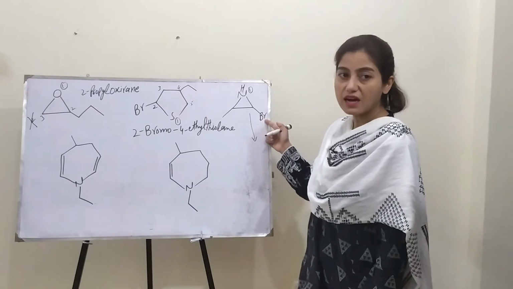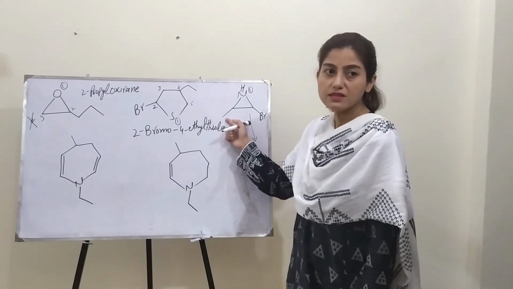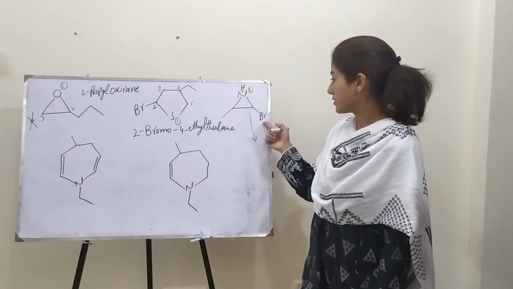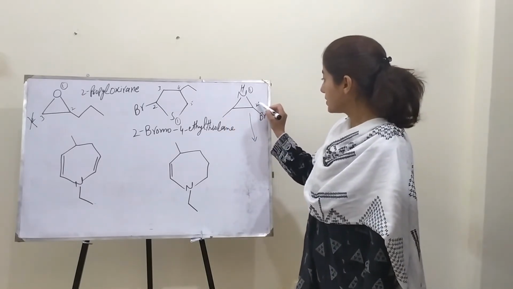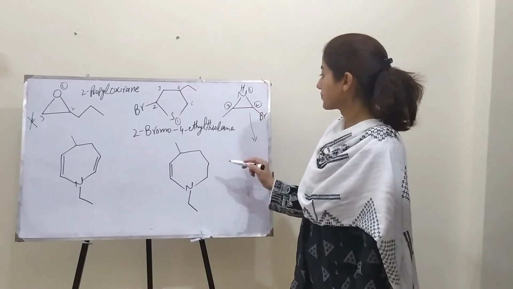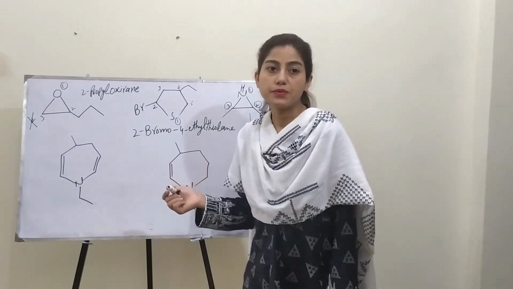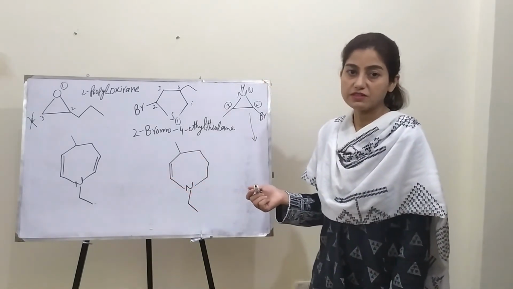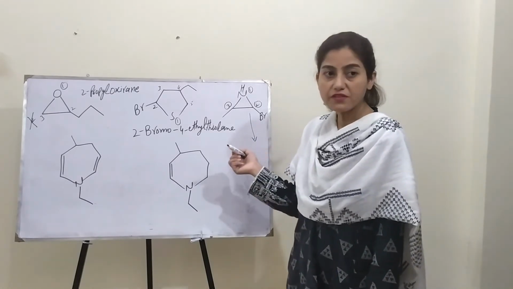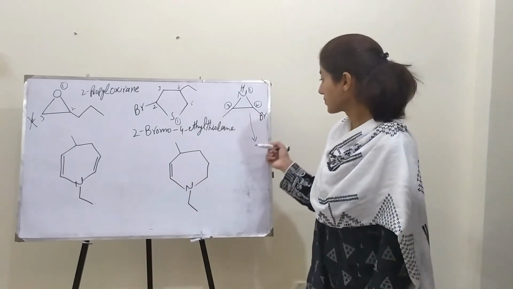The bromine has a higher atomic weight and this methyl group has a lower atomic weight as compared to bromine. So this bromine containing position would be given priority. And if the atomic weights are the same, then you would prefer the electronegativity value. The substituent having a higher electronegativity would be given priority.